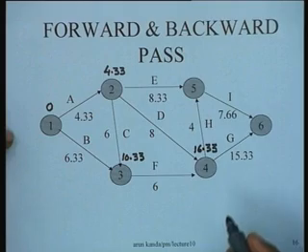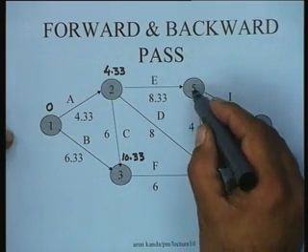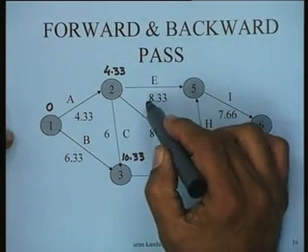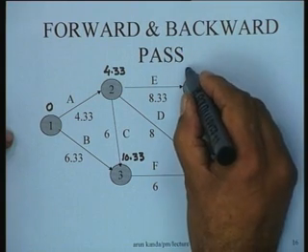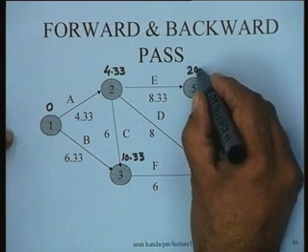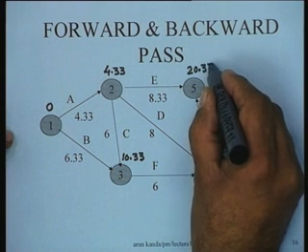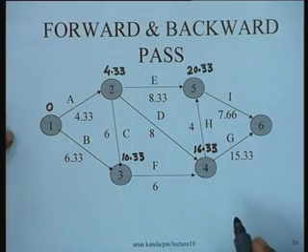And then for node 5, from this side we would get a value of 12.66, whereas if we go from this side we would get a value of 4 plus 16.33, which is 20.33.